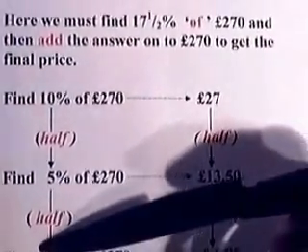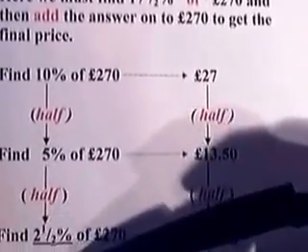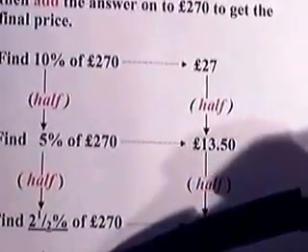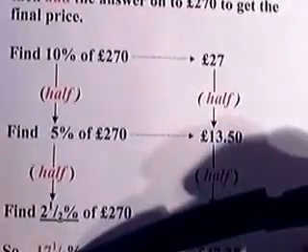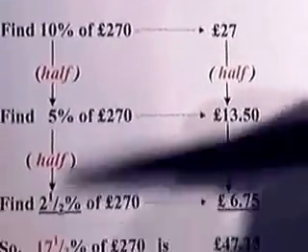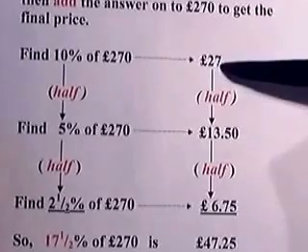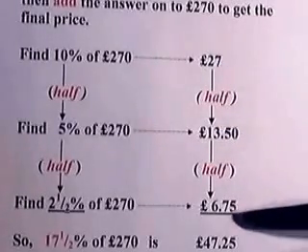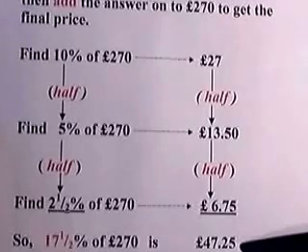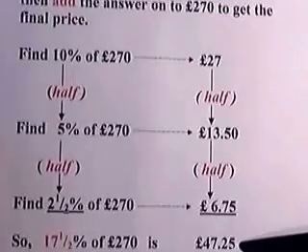If we add together these percentages, 10%, 5%, 2.5%, we get 17.5%. So all we need to do then is add 27, £13.50, £6.75, and there it is, £47.25.